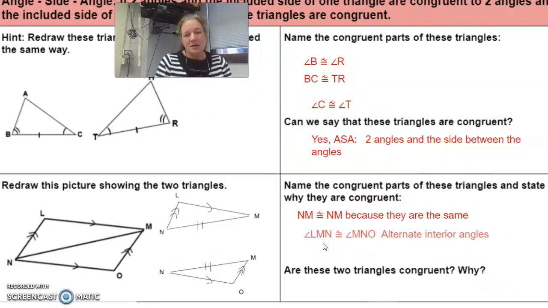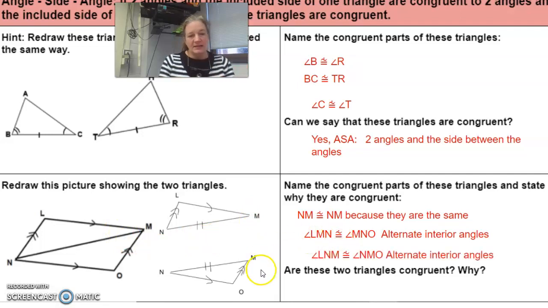Angle LMN and angle MNO, we talked about this last unit, because if I look at my lines, they're marked as parallel. If they're marked as parallel, then these opposite angles are congruent.